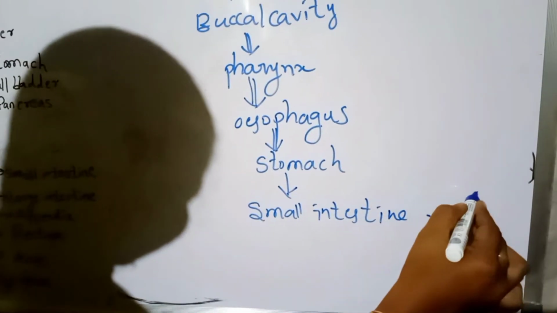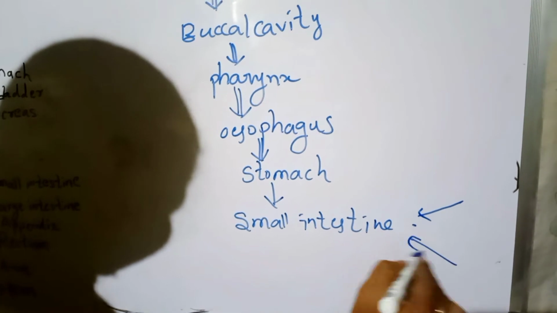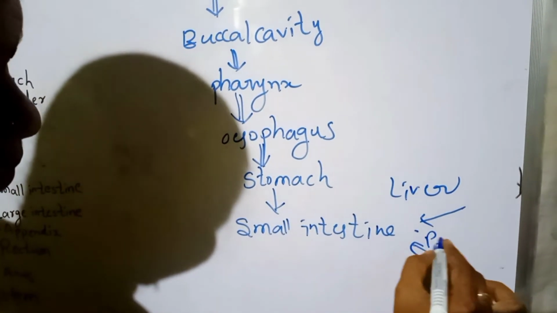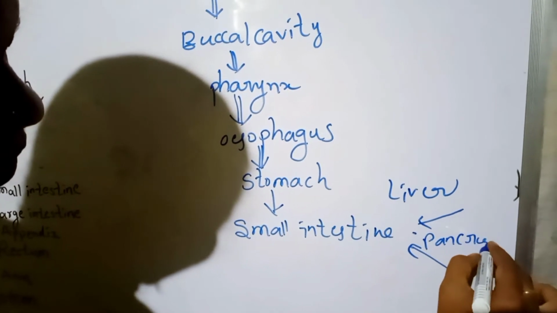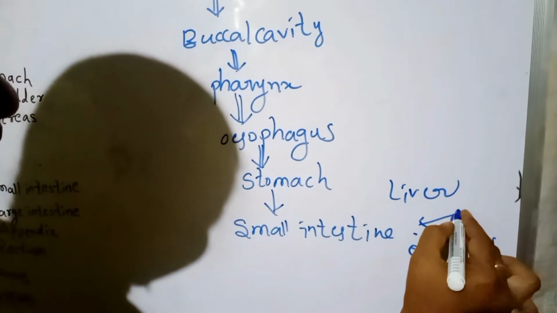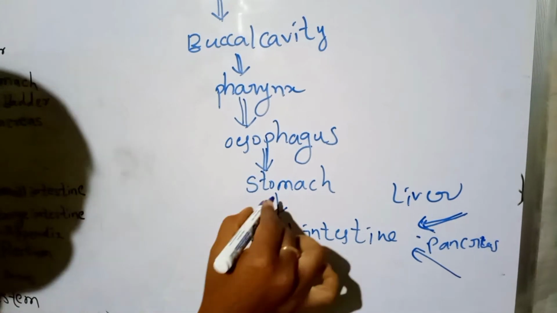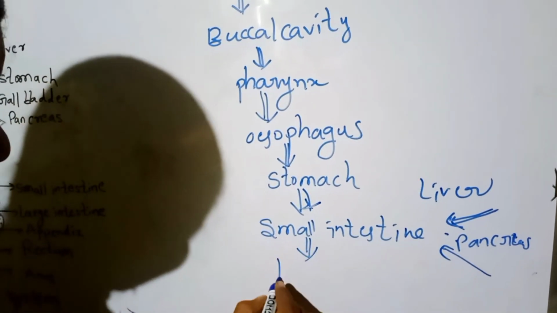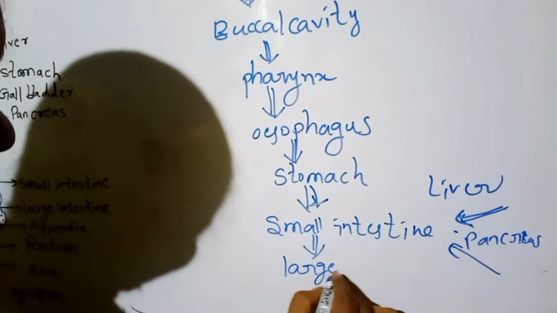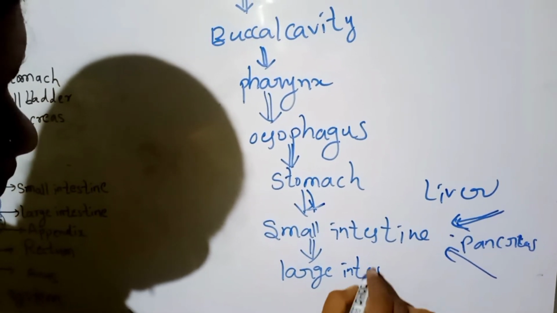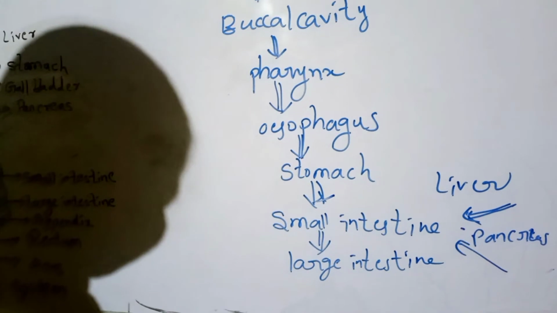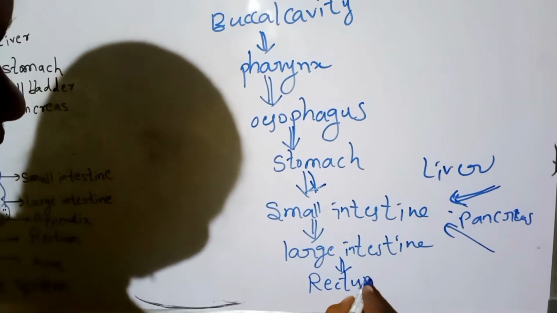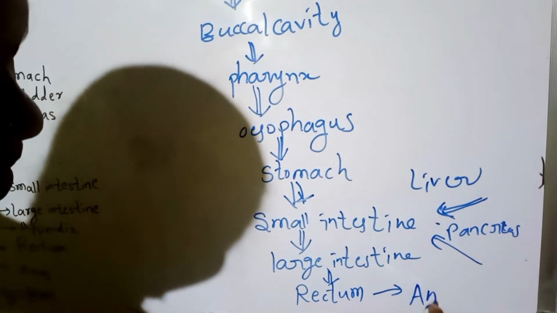Here the liver and pancreas secretions enter the small intestine. From here, small intestine to large intestine, large intestine to rectum, rectum to anus.